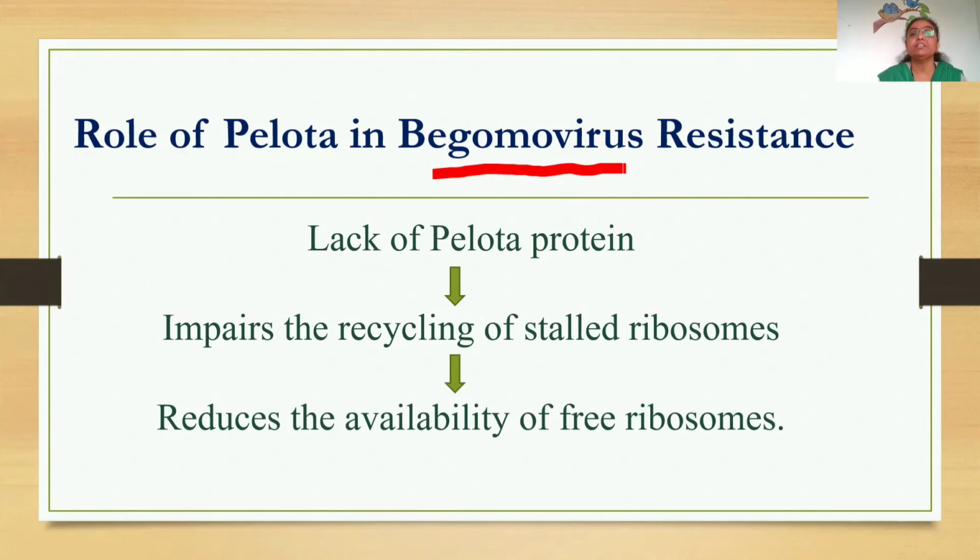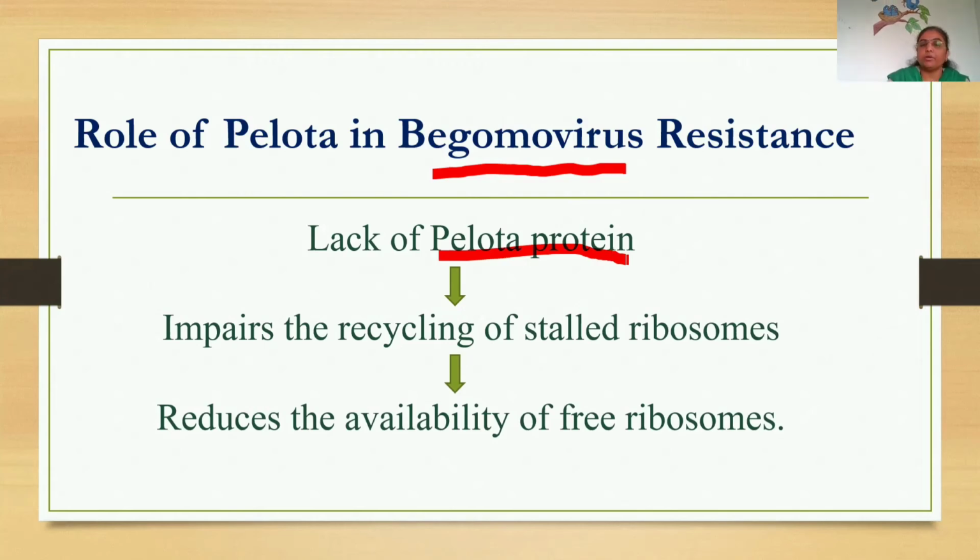Ty5 recessive form means when there is a defect in ty5, it shows resistance to the begomovirus. Now the gene is recessive, there are mutations in the pelota gene, that is the ty5 locus. So there will be a lack of the pelota protein.